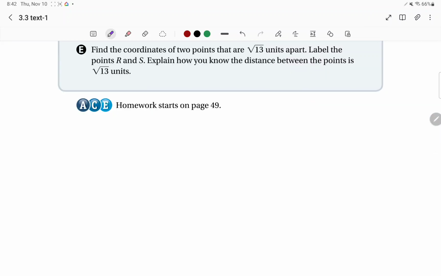Lastly, on part E, find the coordinates of 2 points that are square root of 13 units apart. Label the points R and S. Explain how you know the distance between the points is square root of 13. So I hope you get started. So we're just going to have 2 points. Here's point R. Here's point S. And I know that the distance between them is the square root of 13.